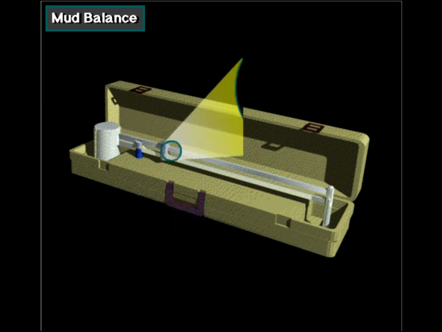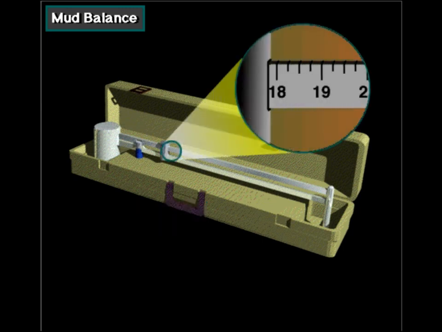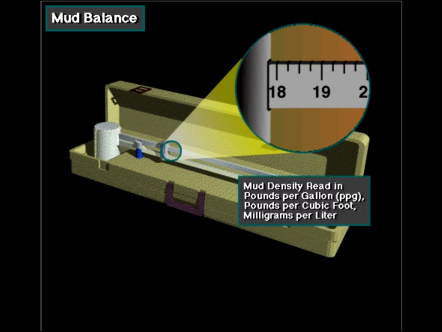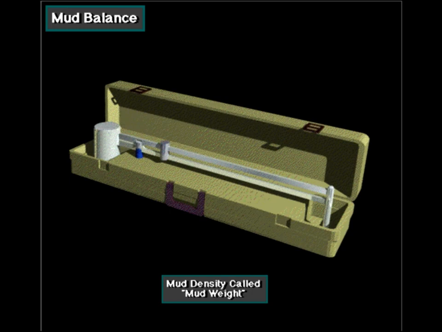The person then reads the mud density at the point on the arm next to the counterweight. In many areas, mud density is read in pounds per gallon, but can also be reported in pounds per cubic foot, milligrams per liter, and other units. Mud density is usually called mud weight by the rig crew.